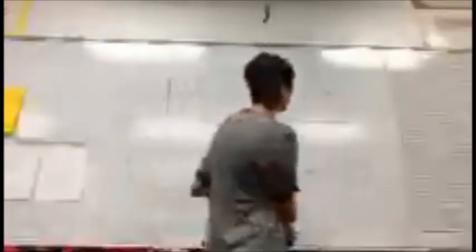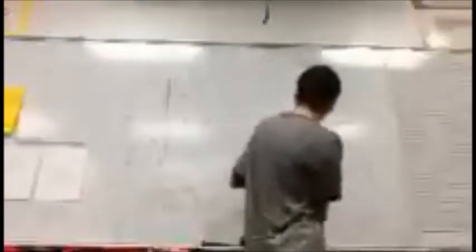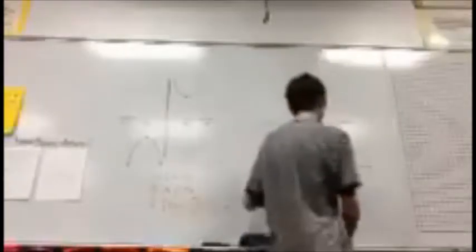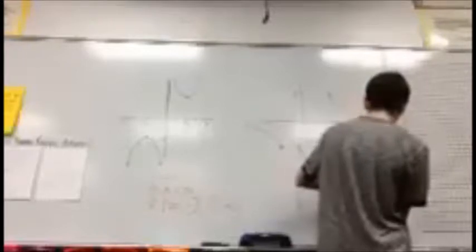And so its domain is from negative infinity to negative 1, union 1 to infinity. And so it's just the exact opposite of the range of cosecant.